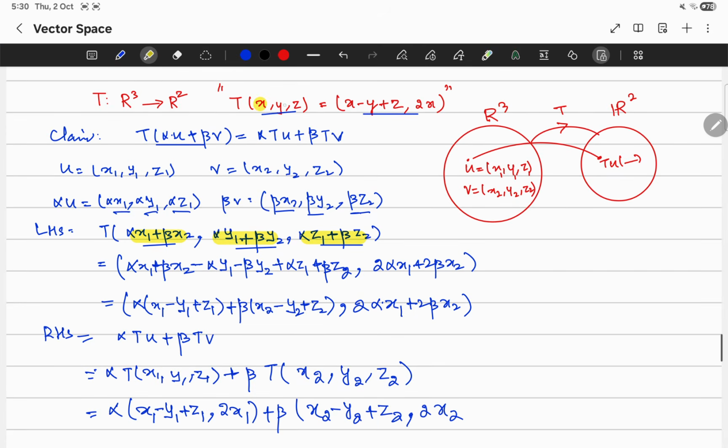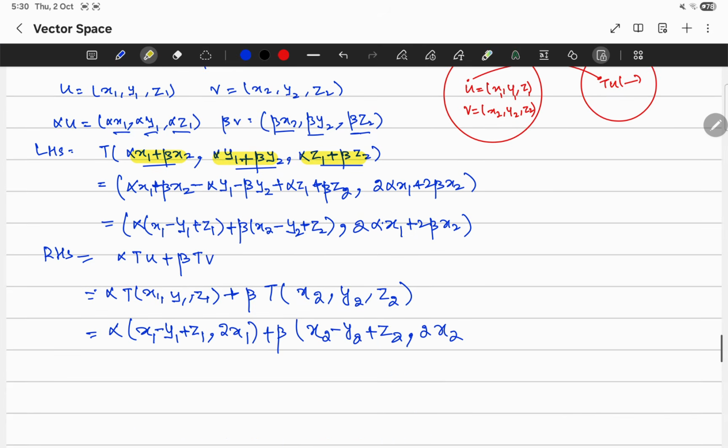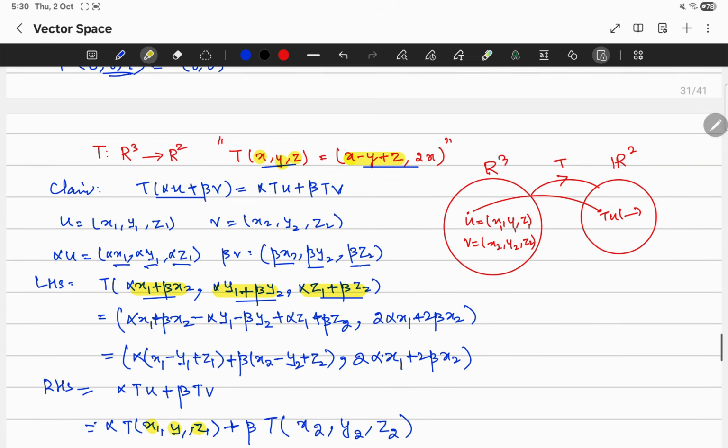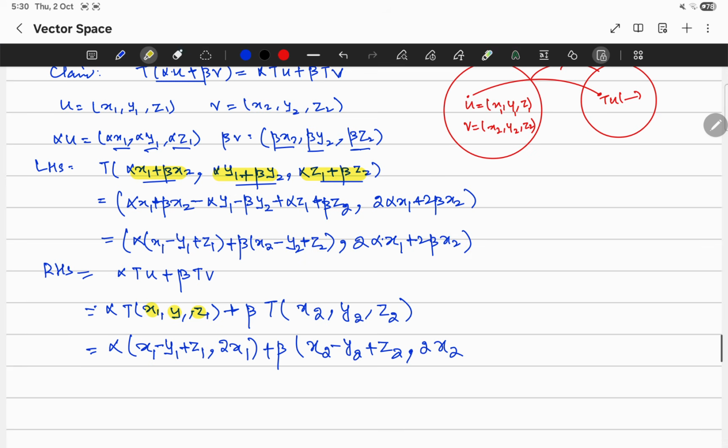So when you have the x and y and z, first you have to apply x minus y plus z, so that's here. Then 2 times x, so that is here. So what will you get here? You will get (alpha x1 minus alpha y1 plus alpha z1, comma 2 alpha x1) plus (beta x2 minus beta y2 plus beta z2, comma 2 beta x2).